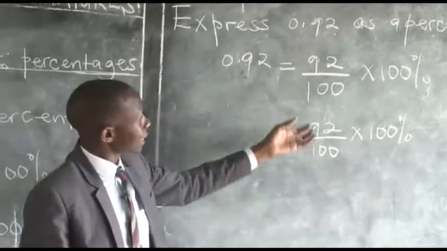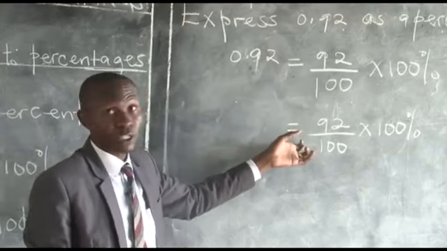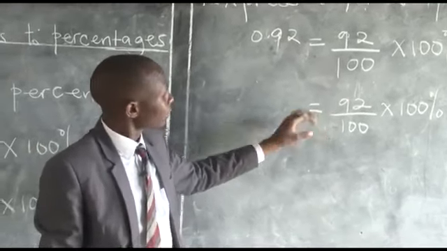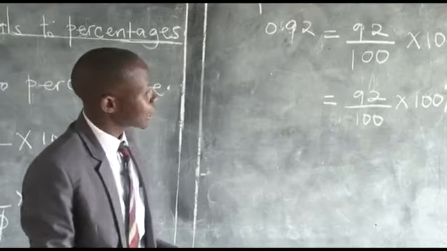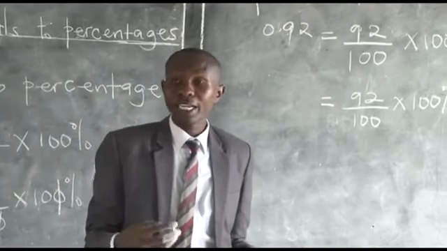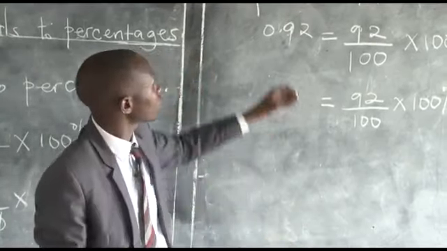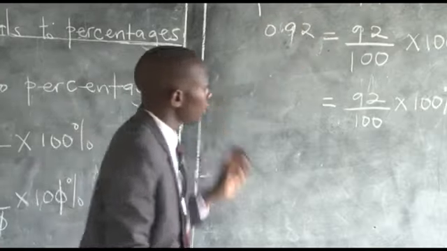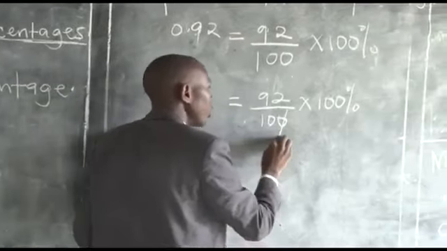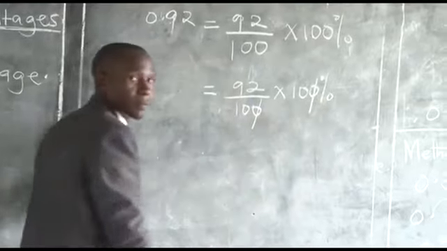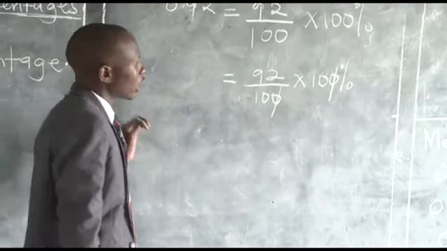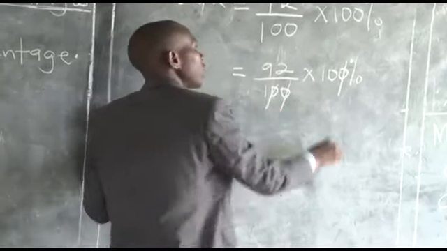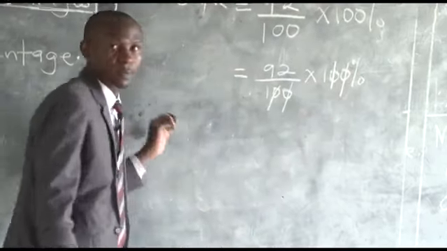When you look at this, it's the same step that I've extracted here. So after reaching here, we want to divide such that we can get the normal percentage of this decimal number. This zero will cancel out this zero. This zero will also cancel out this zero.